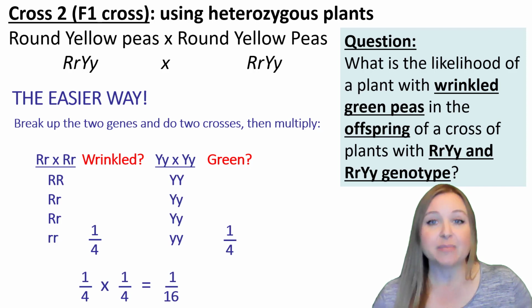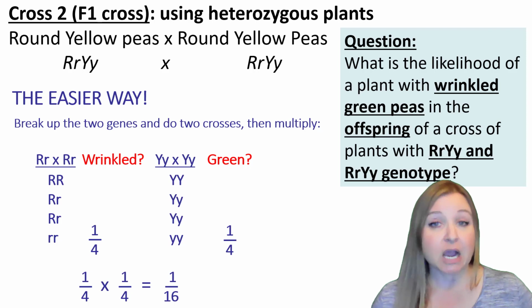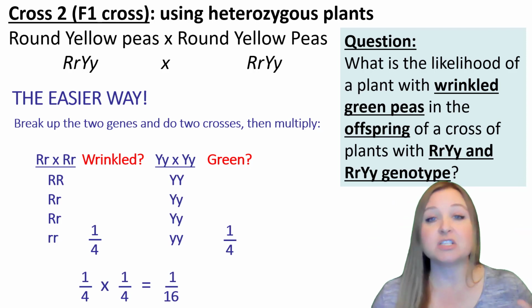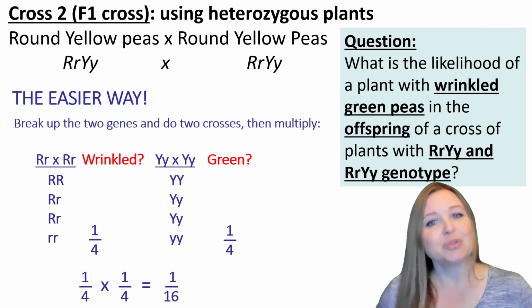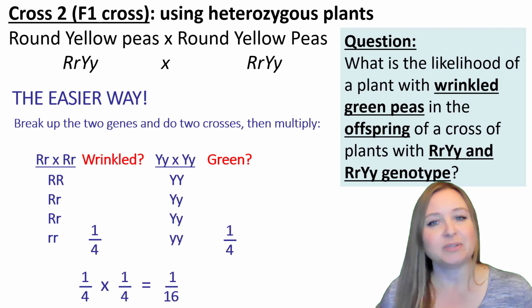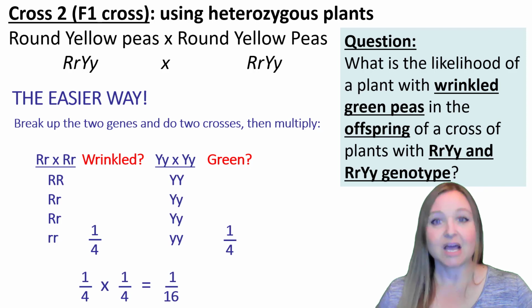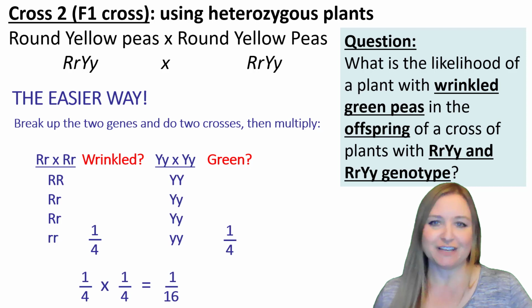As long as you break them up, gene by gene, you figure out what the probability is for each gene, and then you just multiply those probabilities together. And that will give you the final probability of having an offspring with all of the different traits that were given. I'll go through one of those more extensive examples in a different video, just for fun.